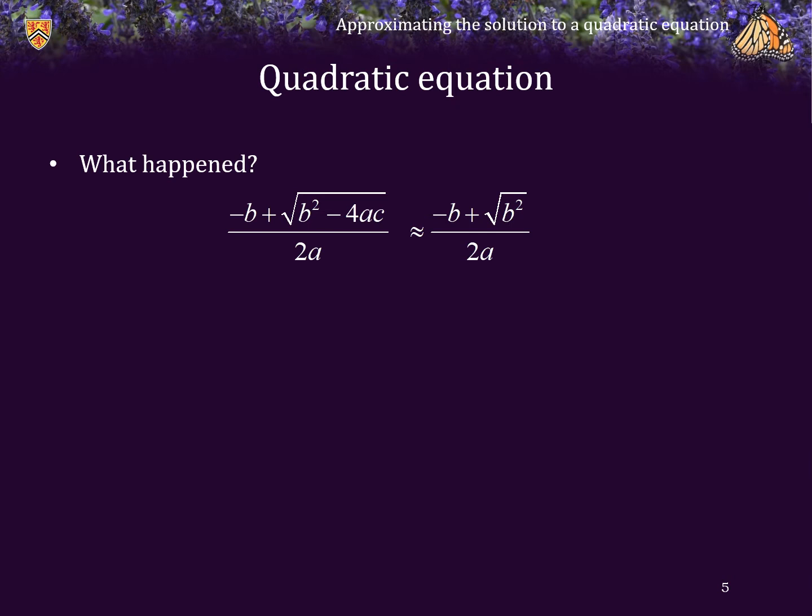So now the formula simplifies to that. But that's just equal to negative b plus the absolute value of b. And if b is positive, then that works out to 0. Not a good approximation.